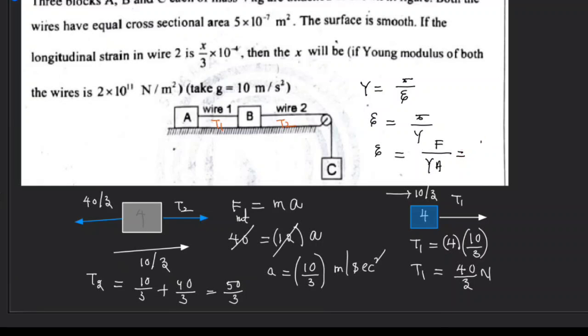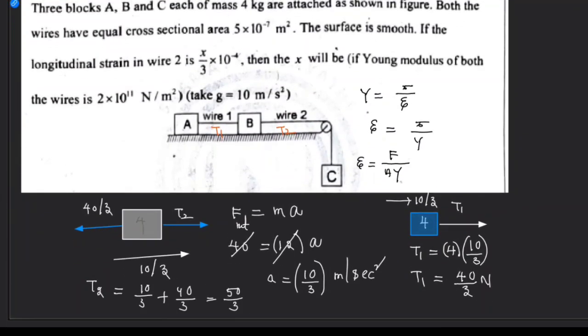What is the force here? 50/3, right? And the area is 5 into 10⁻⁷, right? So this epsilon is equal to force per area into Young's modulus. Please do this calculation, you will get the answer, right?